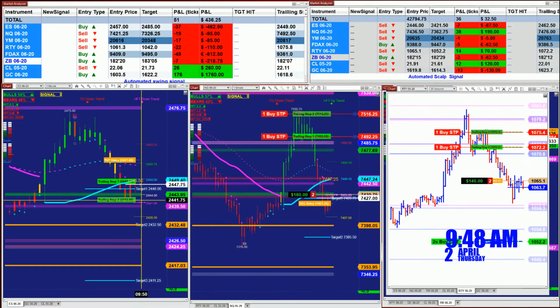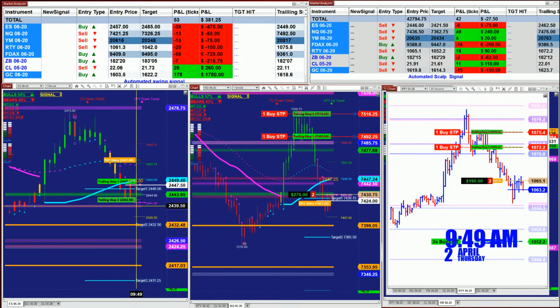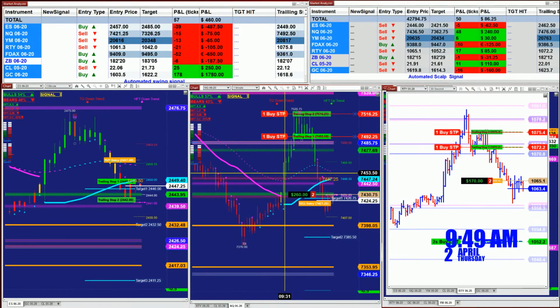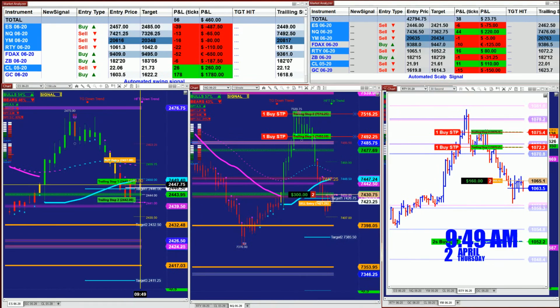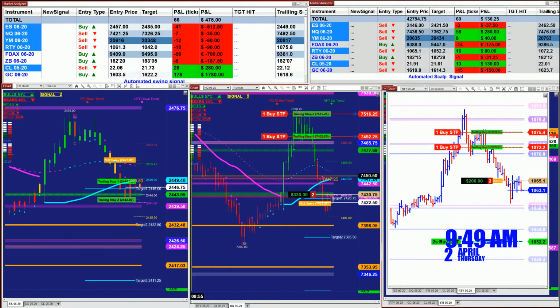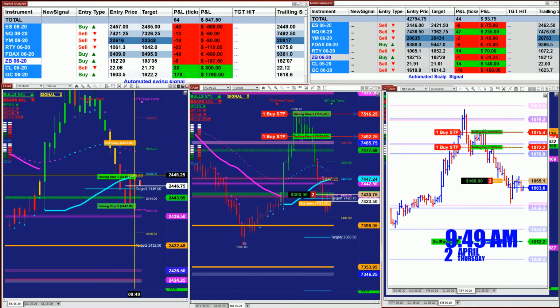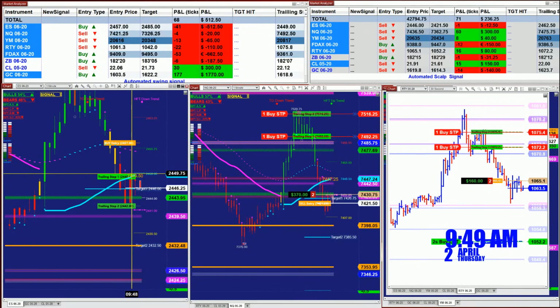As long as this ES is not breaking the 2439.50, the Nasdaq is not going to go short. And now the ES is going in the opposite direction, and no matter what you do with the ES right now, it is a sad case. Whether you take a long, it's going to be a losing trade.